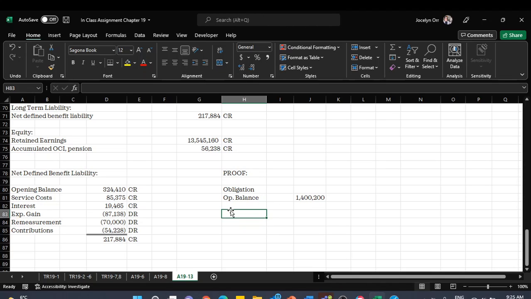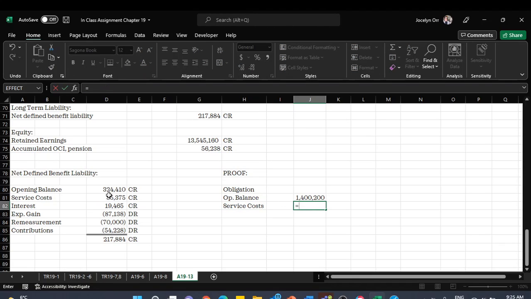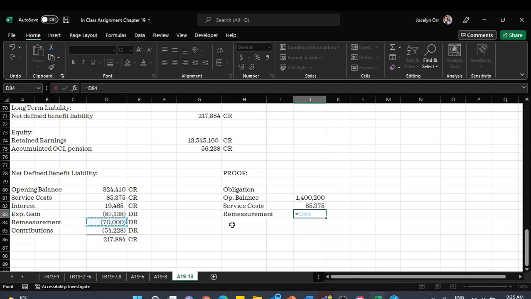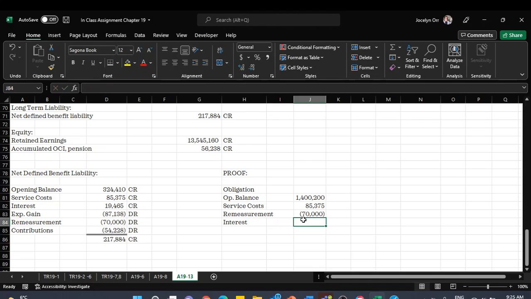Okay, we want to add to that the amount for our service costs from over here. Then we want to look at our remeasurement, which we know was 70,000.